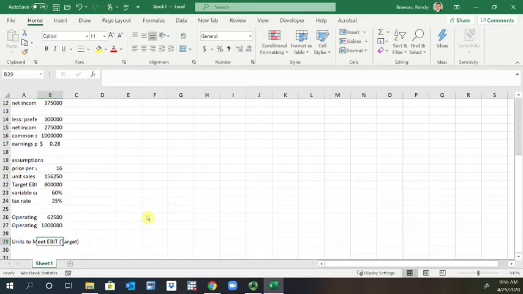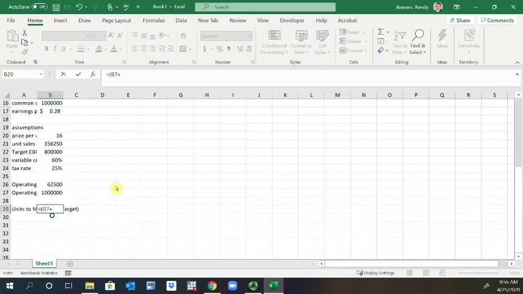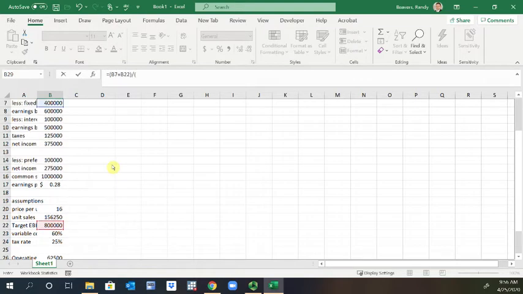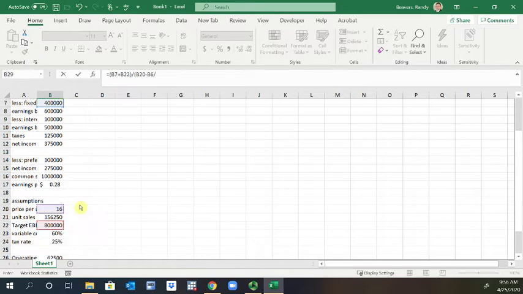So then the units to meet the EBIT target will be the following formula, equal to what we just did, but now adding in that amount. So B7 plus B22 divided by, parentheses, the price minus the variable cost, but that needs to be per unit.